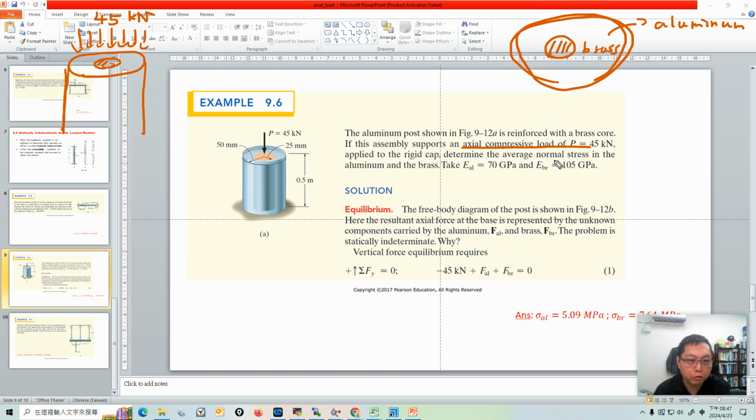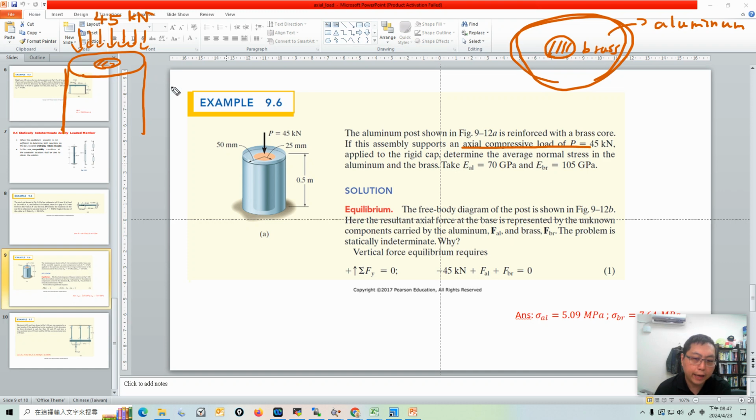We need to determine the average normal stress in aluminum and brass. You apply the external load on the coaxial bar, but the brass and aluminum will share the normal stress.